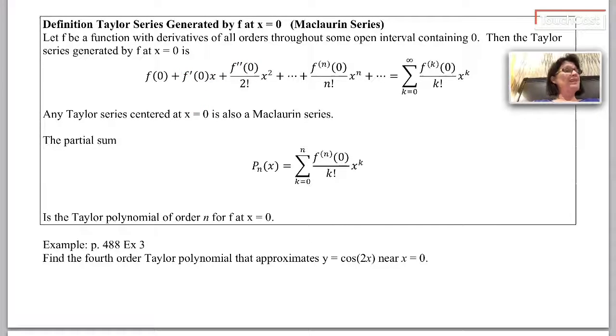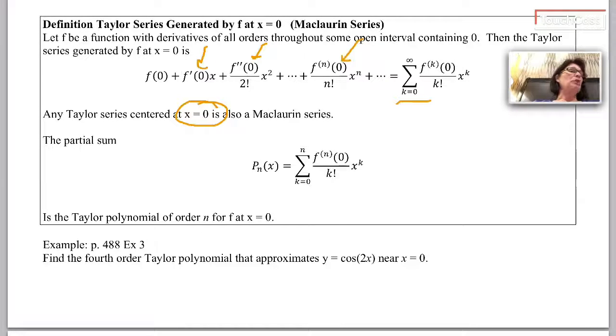And if you used infinitely many terms, you could write that summation. You're going to go from term 0 all the way up to the infinite term of f, the kth derivative of f at 0 over k factorial x to the k. If you're centering at 0, these are all zeros.